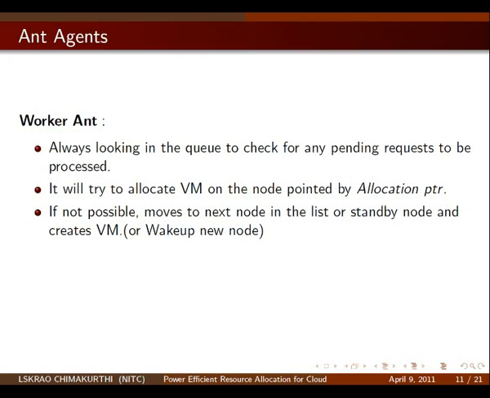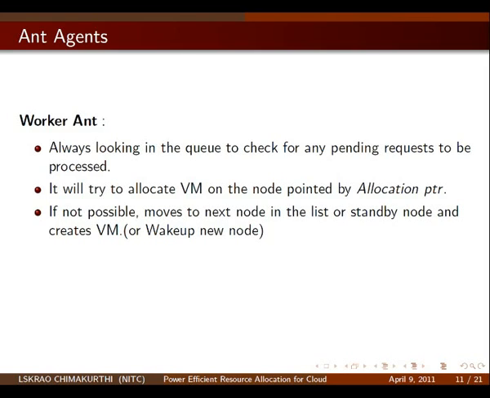Specifically, the worker ant will always be looking in the queue of service requests, which is stored by the queen ant and given by the customers, and it will check for any pending requests in the queue. If there are any pending requests, it will dequeue one of the requests and try to allocate the service request to a VM in a power efficient node.